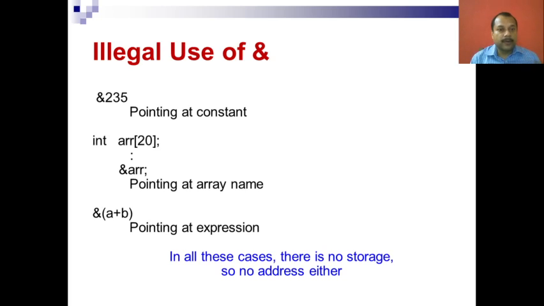In all these cases there is no storage, so no address either. For &arr specifically, no storage means that the array arr without ampersand will give you the base address. Again, sometimes you may or may not get an error, but these are not legal uses. You should use it properly.